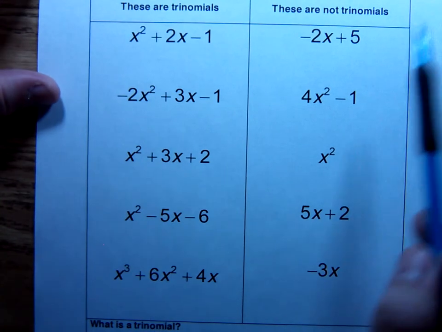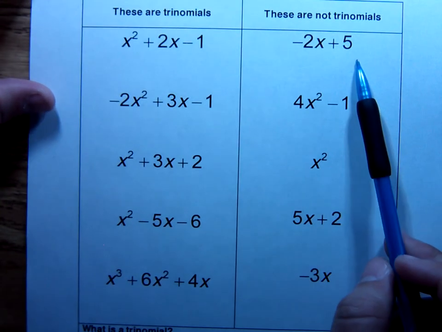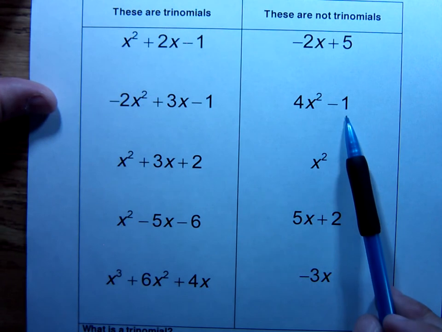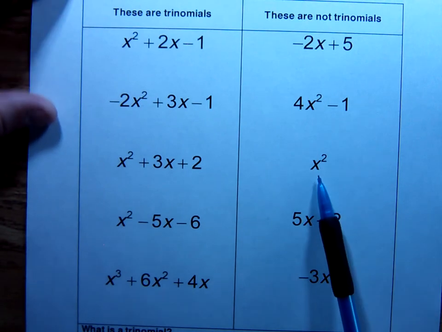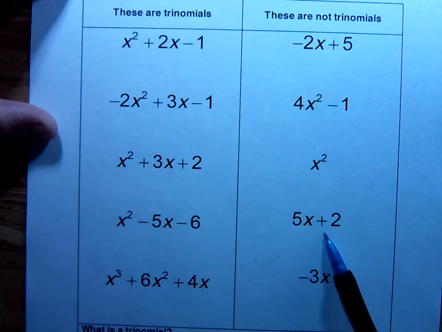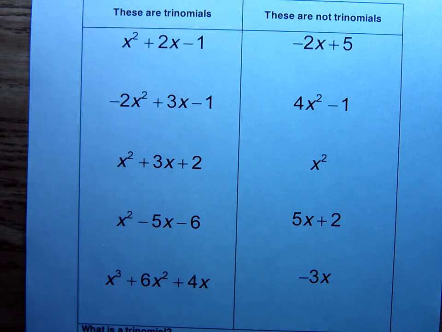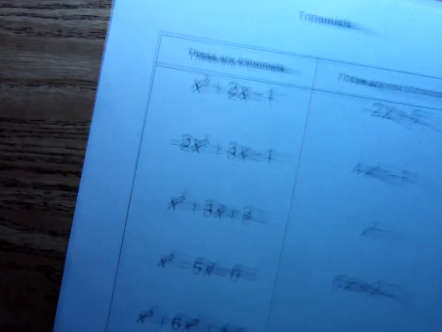What is this? Binomial. What is this? Binomial. What is this? Monomial. What is this? Binomial. And this? Monomial. Okay, again, a trinomial is the sum or difference of three monomials. So you need that preference as we get into it.